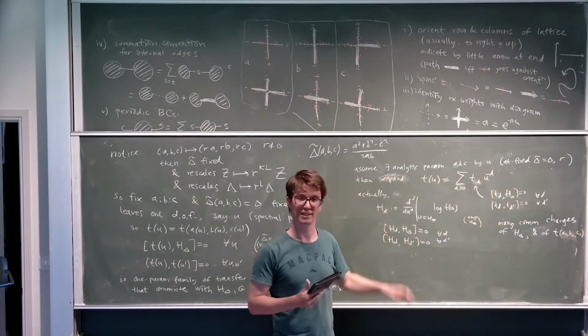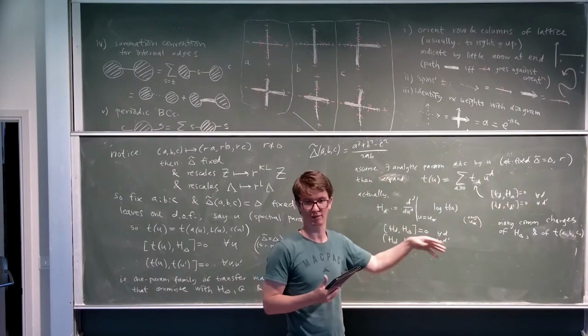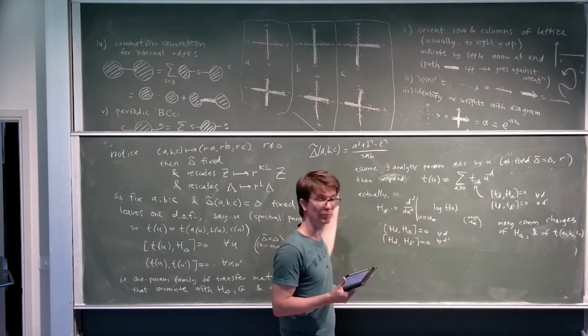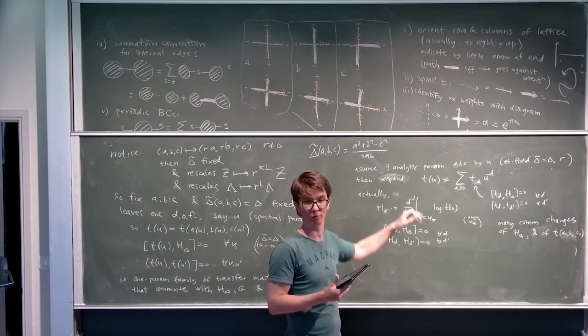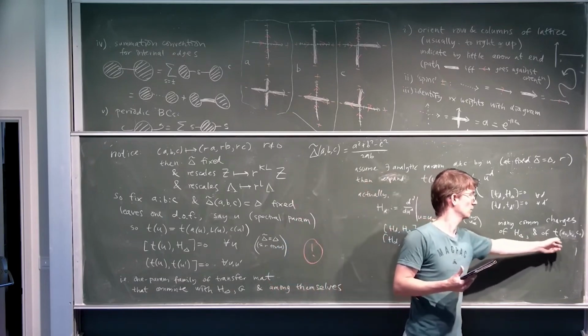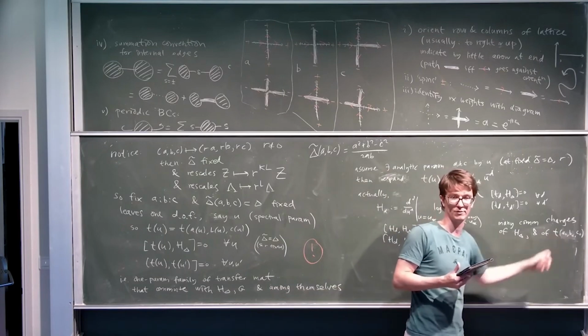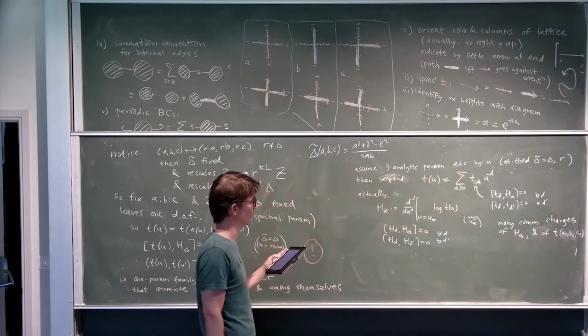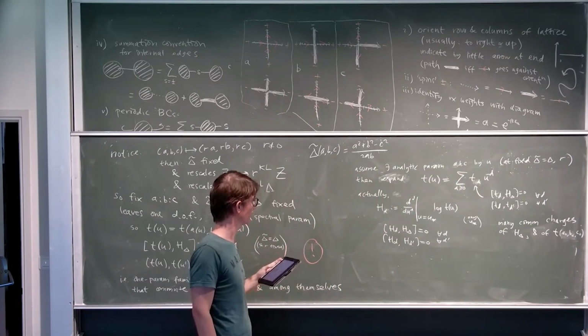Given a 6-vertex model with some weights A0, B0, C0, compute its value of delta tilde, then we have a one-parameter family of transfer matrices that all commute with it, and so we have lots of commuting transfer matrices, not just for the XXZ, but also for the 6-vertex model. And they all belong to the same family of lots of commuting operators.